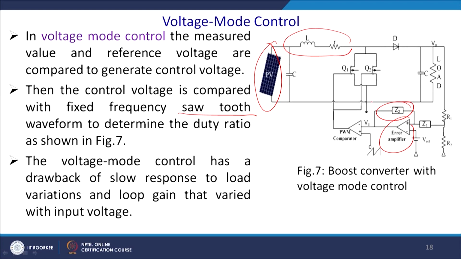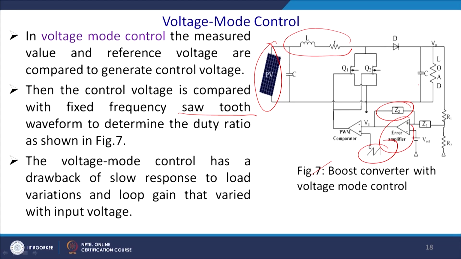The error amplifier may be made into a PI controller by connecting a capacitor and a resistance with a particular bandwidth. Then it is compared with the sawtooth wave, and with a limiter it will be fed to the switches to control the duty cycle of Q1, Q2, and thus voltage will be maintained here.